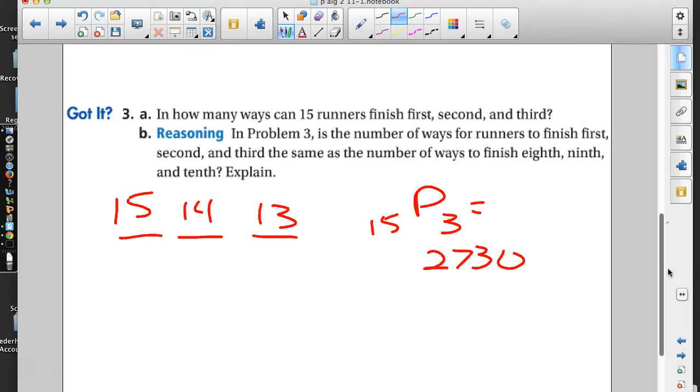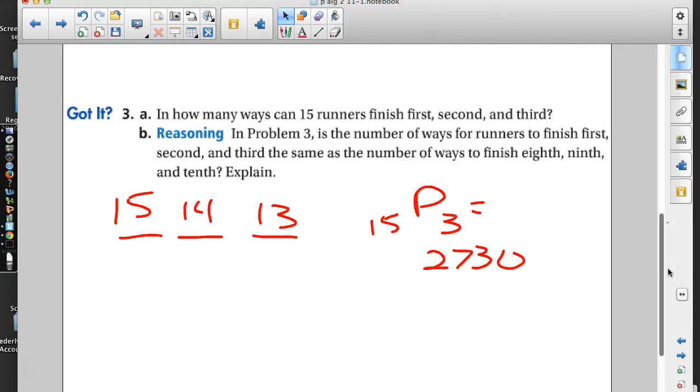Now, I did see a couple of varied answers for B. It says in problem 3, is the number of ways that the runners could finish first, second, and third the same as the number of ways that they could finish 8th, 9th, and 10th? What do you think?